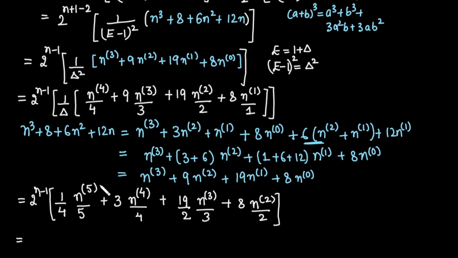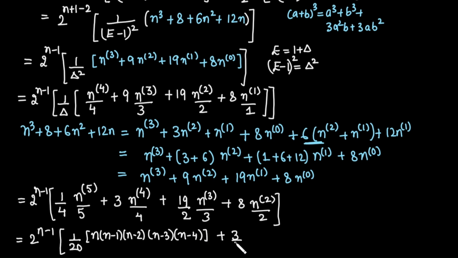And the last step is to rewrite this factorial polynomial into the general form. So we can write 2 raised to power n minus 1 as it is. 1 by 4 into 5, that is 1 by 20. N raised to power 5 factorial polynomial is equal to, we need 5 terms from the factorial, that is n, n minus 1, n minus 2, n minus 3, n minus 4, plus 3 by 4. N raised to power 4 factorial means we need 4 terms from the factorial.